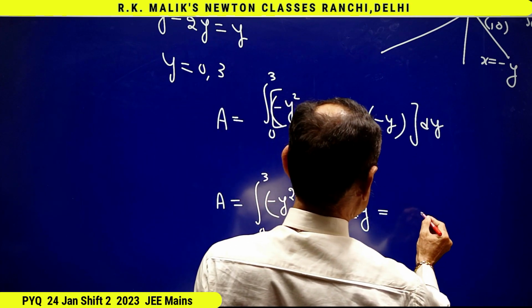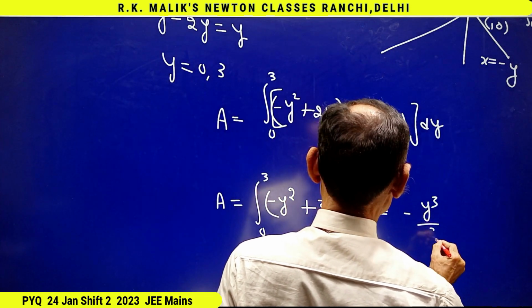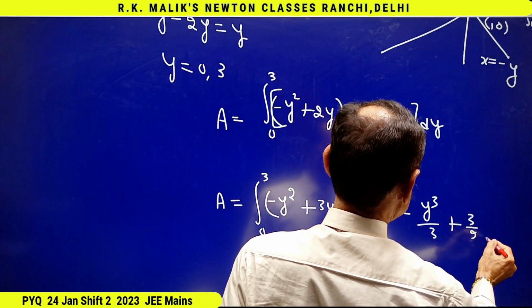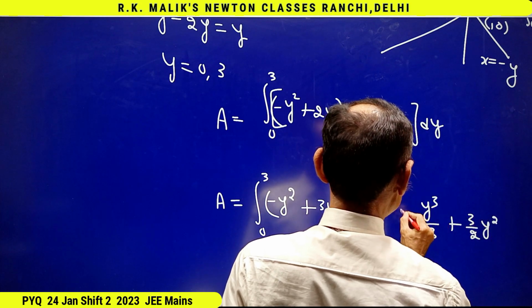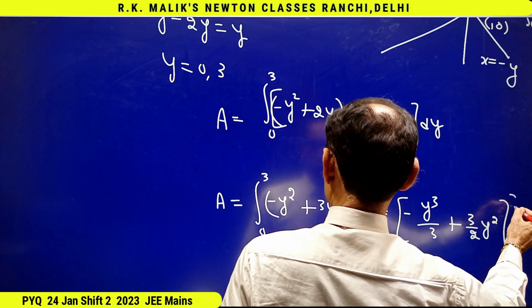This is equal to minus y cube by 3 plus 3 by 2 y square from 0 to 3.